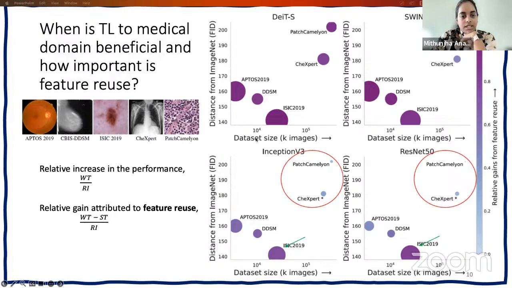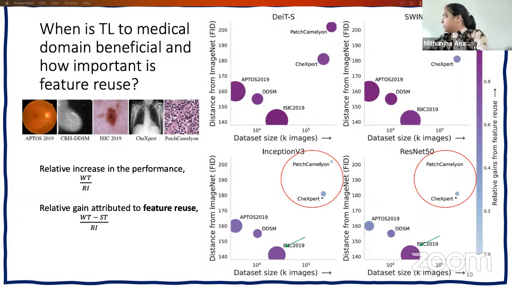The x-axis is the dataset size, and the y-axis is the distance from ImageNet. From here, you can see that CheXpert, PatchCamelyon, and others are high in data size, and the distance from the source domain is also high. They're using the FID score to measure the distance between the distribution of ImageNet and the distribution of the target.